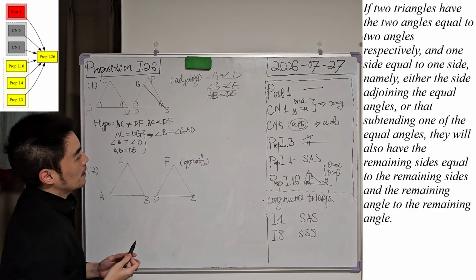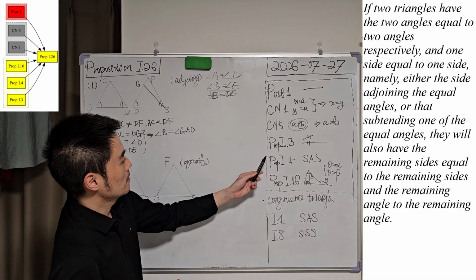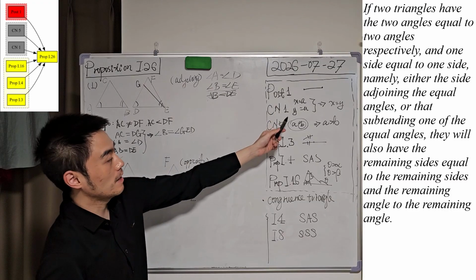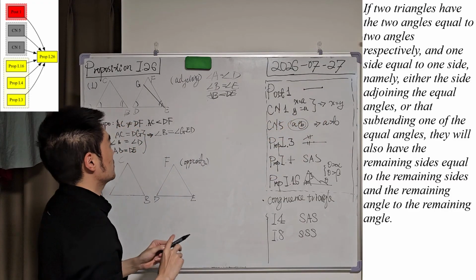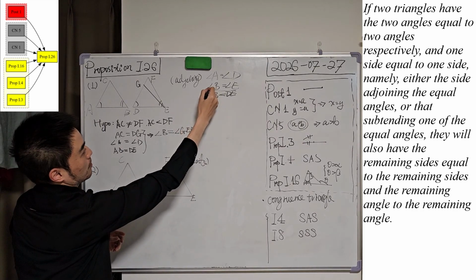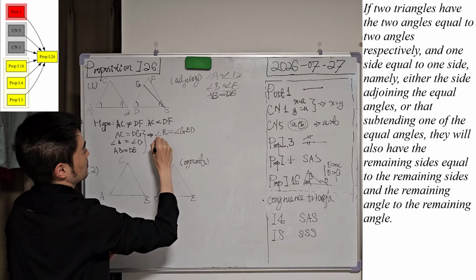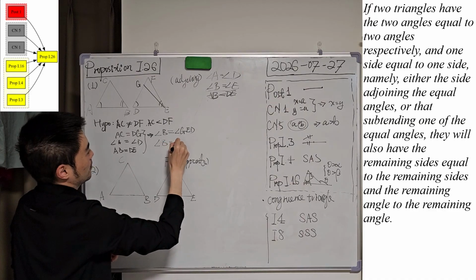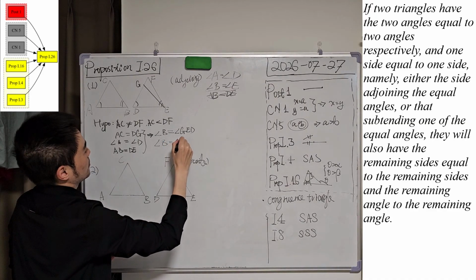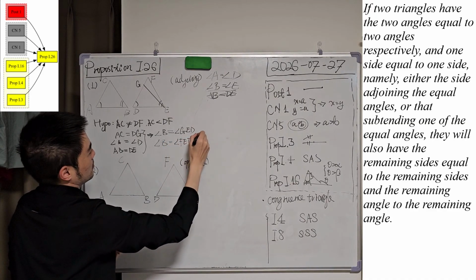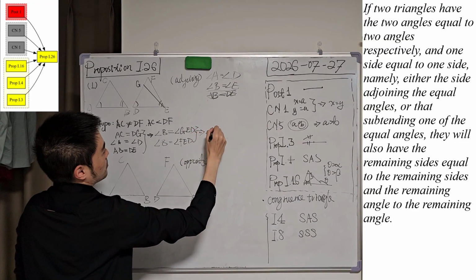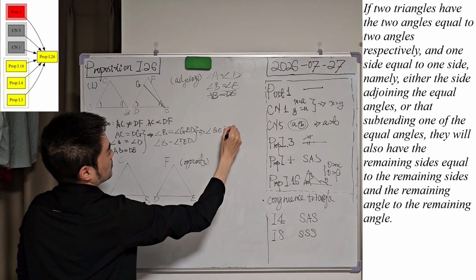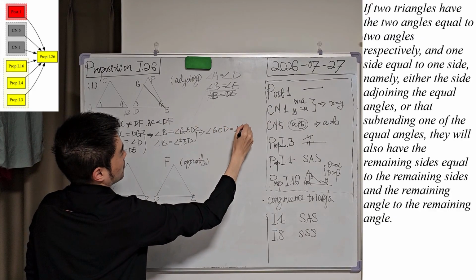So apply common notion 1, things equal to the same are equal. If we combine these two equalities together, angle B equals angle FED, so angle GED is equal to angle FED.